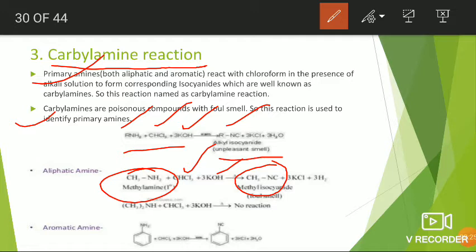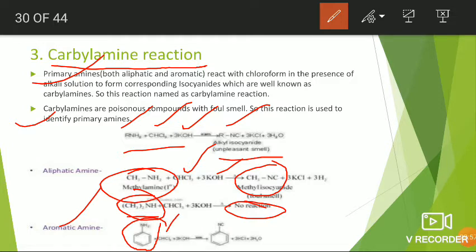If you take another example, dimethyl amine with chloroform, then we get no product, because only primary amines undergo reaction with chloroform. The secondary amines don't undergo any reaction. In the case of aromatic amines, the best example of a primary amine is aniline, where the NH2 group is directly attached to the benzene ring.